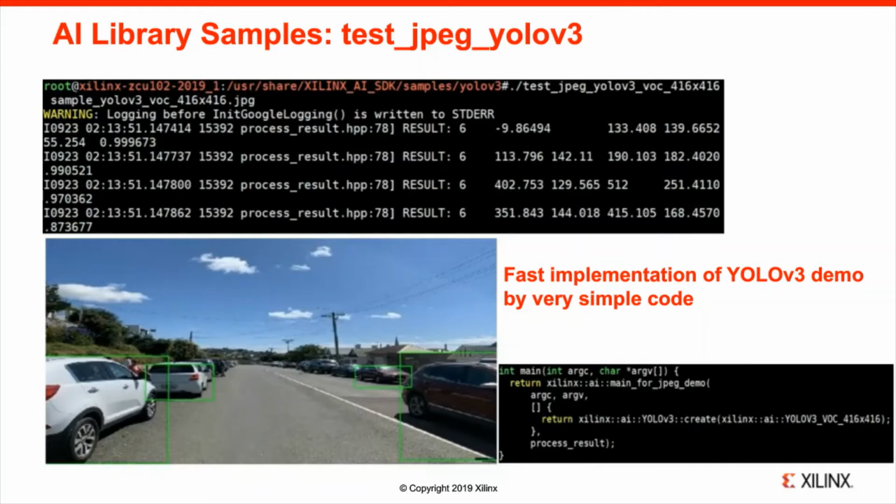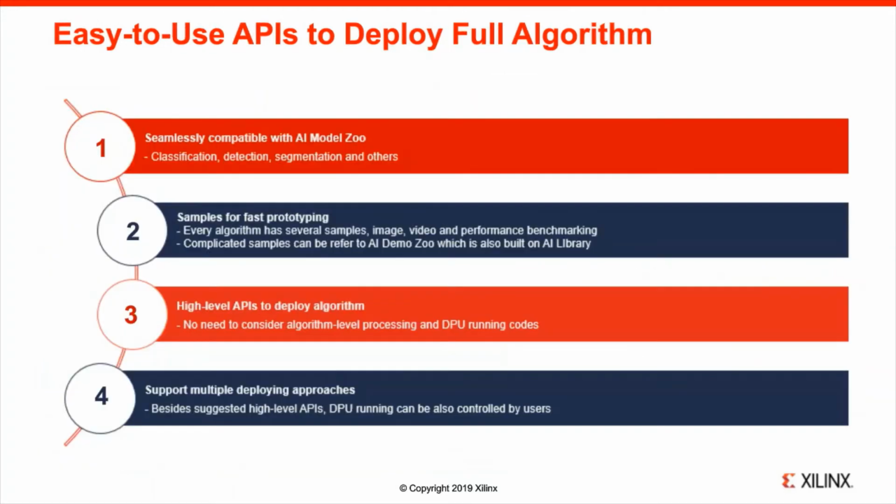All right, as the AI library is the most essential part of Vitis AI, let's do a quick summary here. The first one is that it is seamlessly compatible with the AI Model Zoo. For the AI Model Zoo, each model has been published with a benchmark on different platforms, and it will be easy for users to reproduce that result with our high-level APIs.